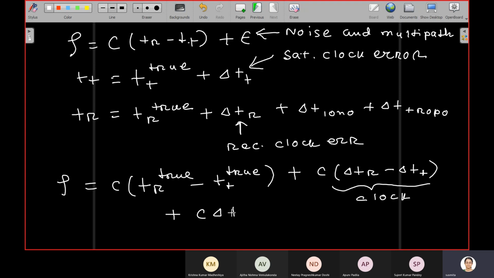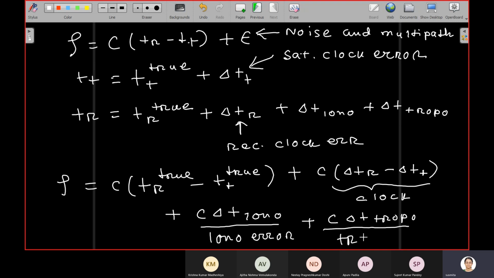Then we have C into delta T iono. This is the ionospheric error. And then we have C into delta T tropo. This is tropo error. And then epsilon. So these are all different components of the pseudo range.